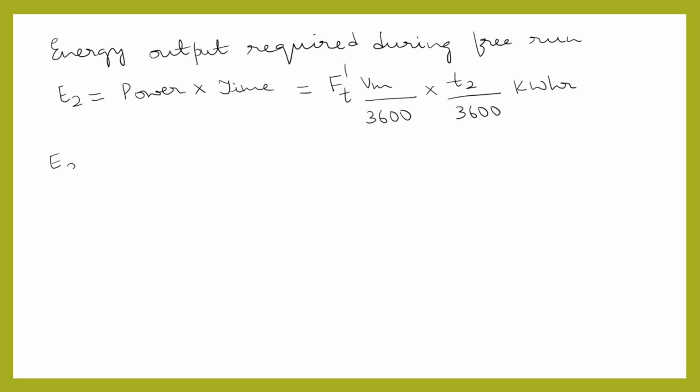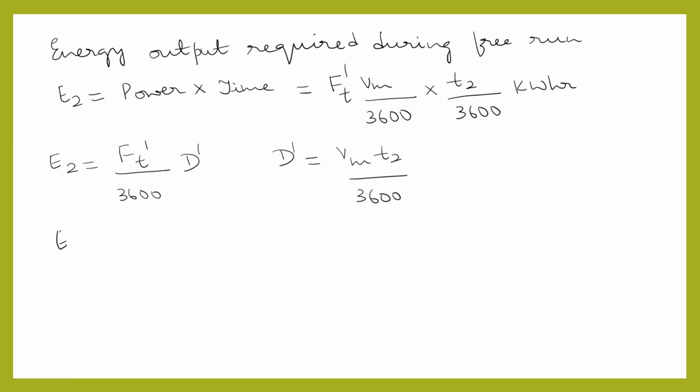That is E2 is equal to Ft dash by 3600 into D dash, where D dash is equal to Vm T2 by 3600, which is the distance travelled during free run.